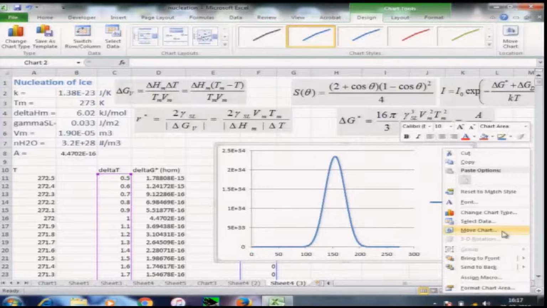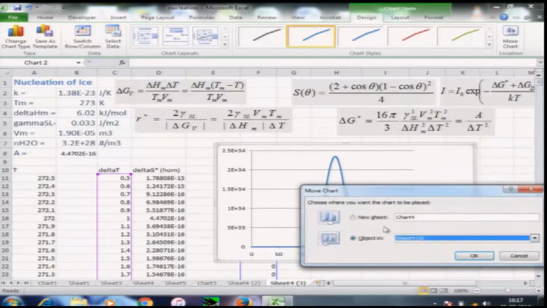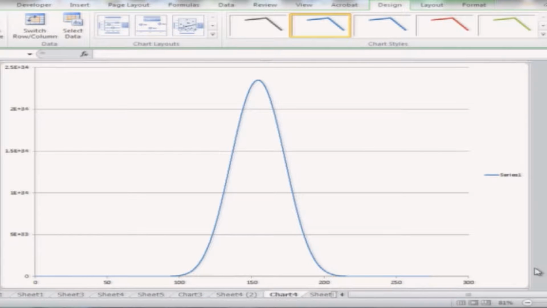So, let me enlarge this plot. I will move this to a new sheet so that I can see this plot in an enlarged manner. So, here you can see where the peak is coming. The peak is coming around 153.1, and if you recall just now, by solving that cubic polynomial in delta T, the undercooling we had calculated was of the order of 154 degrees, and that is where we are close by here.